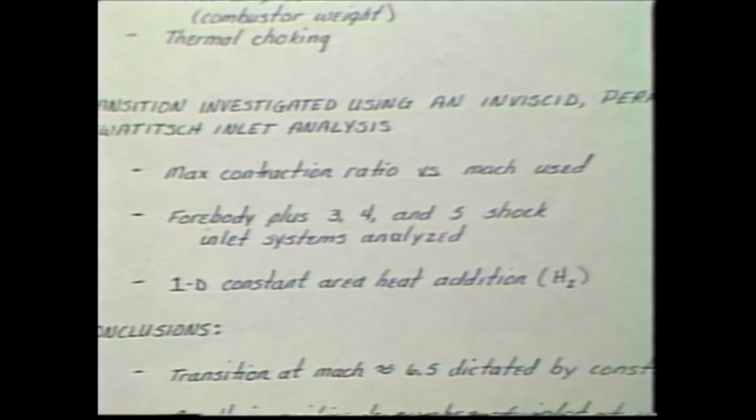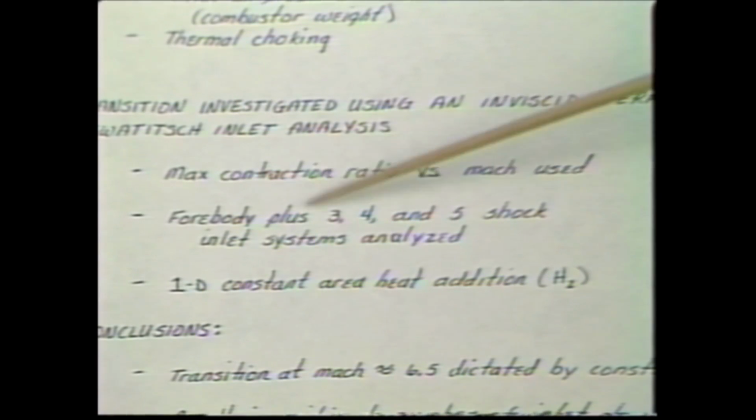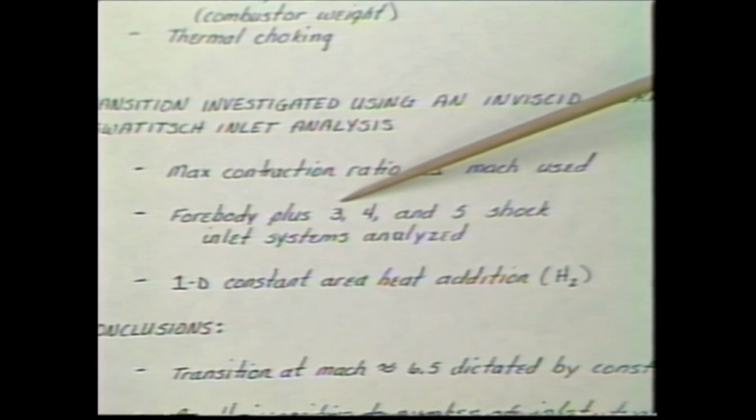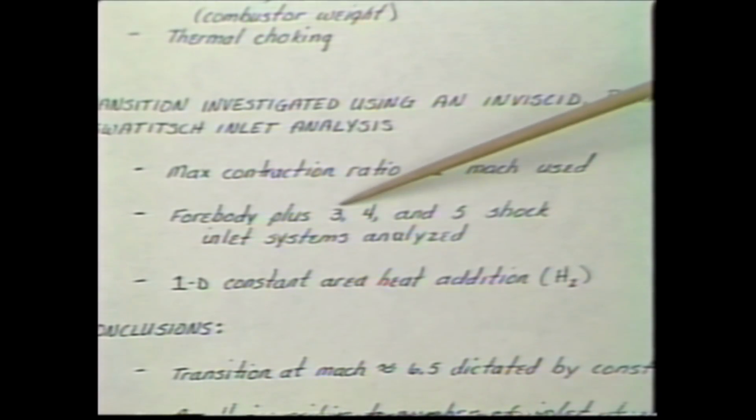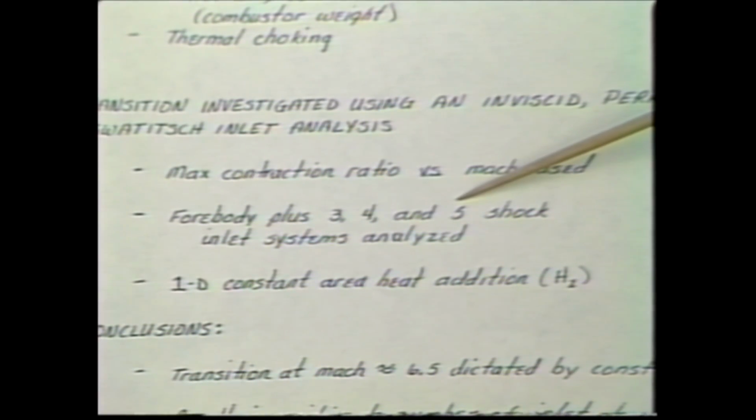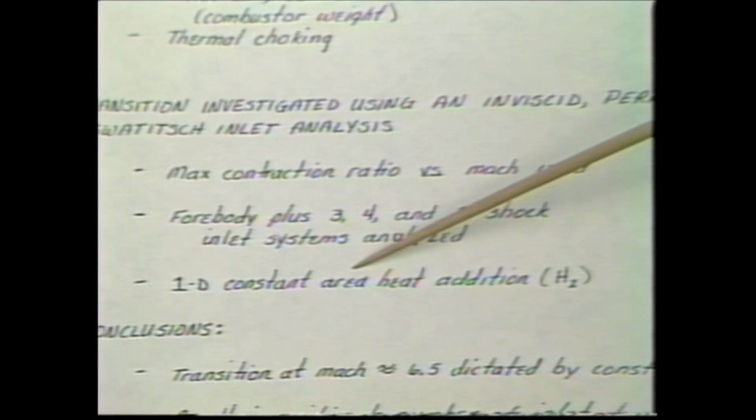It defines a theoretically optimum inlet design. That curve I showed you of maximum contraction ratio versus Mach number was used, and I didn't know if this transition point might be a function of how many ramps, so I looked at 3 ramp, 4 ramp, and 5 ramp systems, and in the analysis 1D constant area heat addition was used.